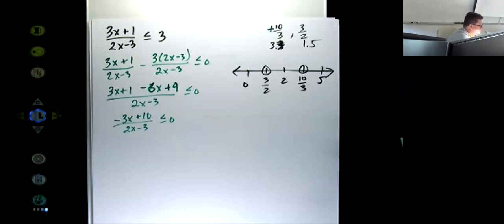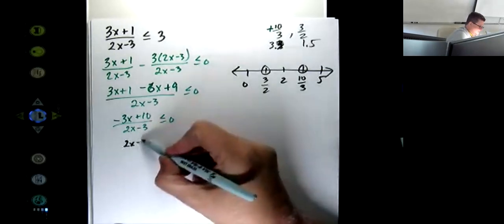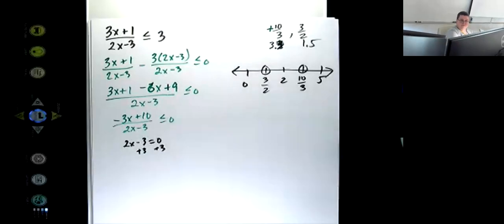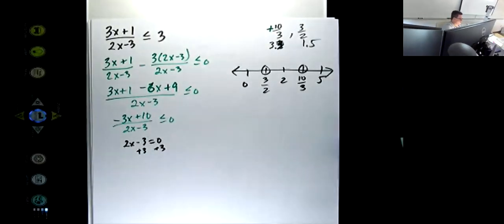Why would I be able to? Because if we said 2x minus 3 equals 0 and we solve, add 3. Not a stupid question, you're just trying to do it in your head. More pencil, less jibber jabber.